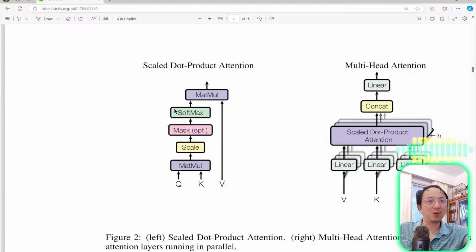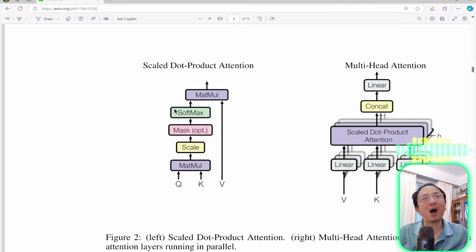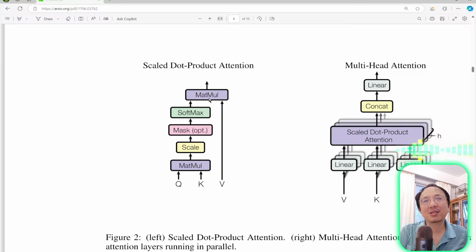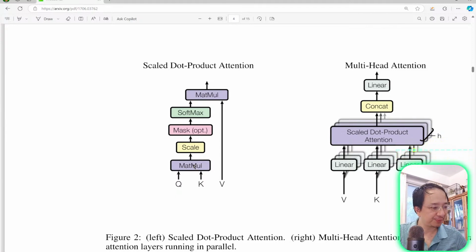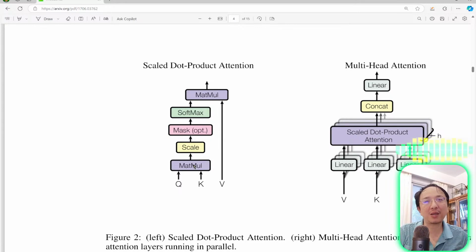So we get a weighted sum. This is our output. So the final matrix multiplication is the weighted sum, and the first matrix multiplication is the inner product, followed by the softmax.